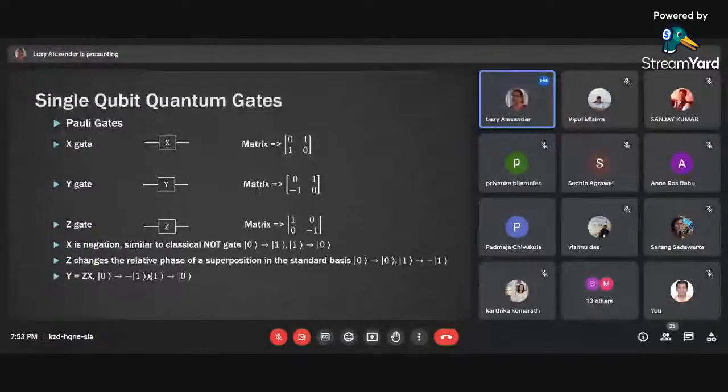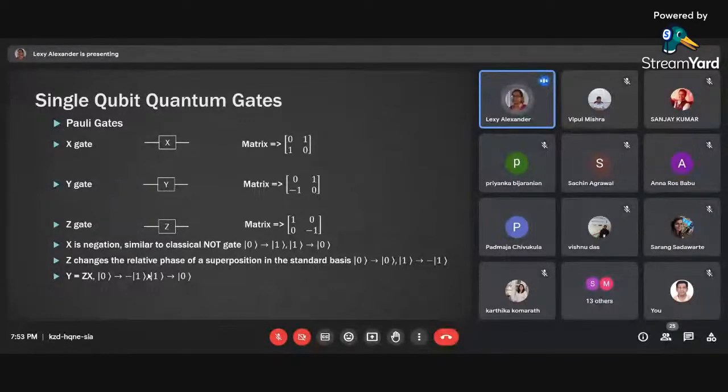Now you see what Z is doing. If you multiply with |0>, 1 0 is going to 1 0 itself. So |0> is going to |0> itself. And if |1> is there, that is 0 1, if you multiply, you will get 0 minus 1. That is minus |1>. So |1> will be transformed to minus |1>. That means it is changing the phase of the amplitude.